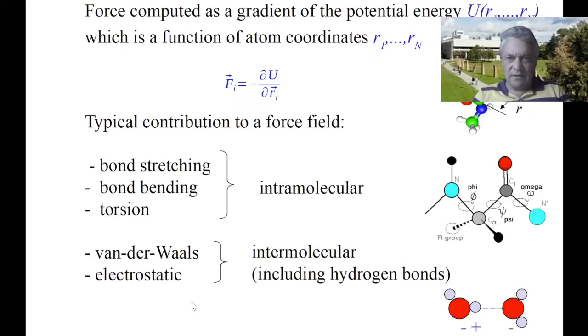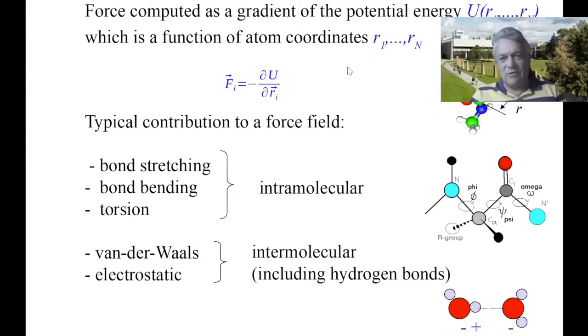So force field data comes as gradients of the potential energy. The formulation of the force field is that we give an expression for the potential energy as a function of all atomistic coordinates in the system.